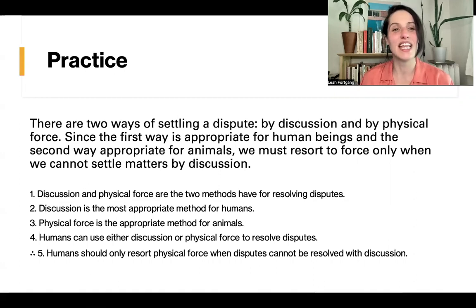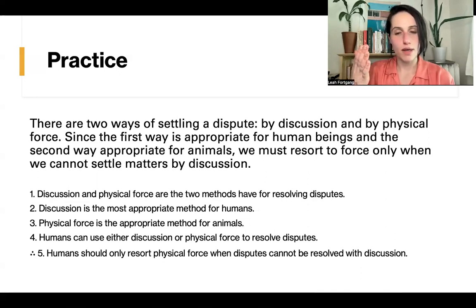Especially when we see that the first is appropriate for human beings and the second is appropriate for animals. But then what you want to do is say, okay, wait a second. This claim about resorting to force when we can't settle matters by discussion doesn't really fit as support for a claim that there are two ways of settling a dispute.